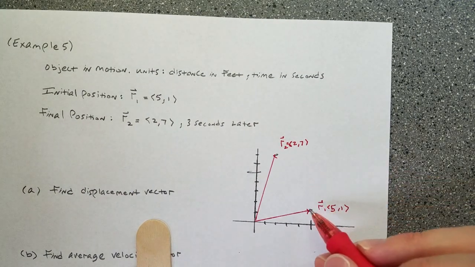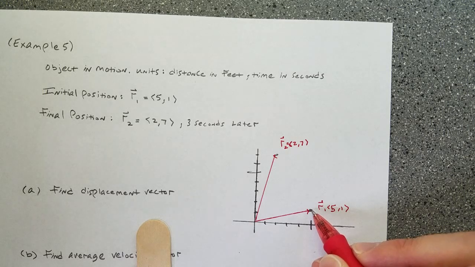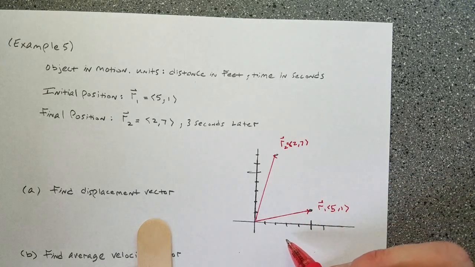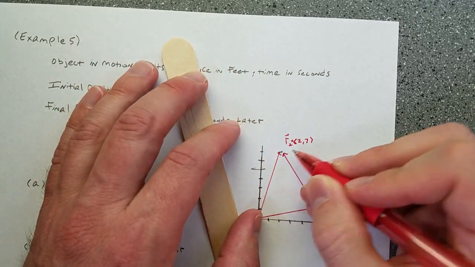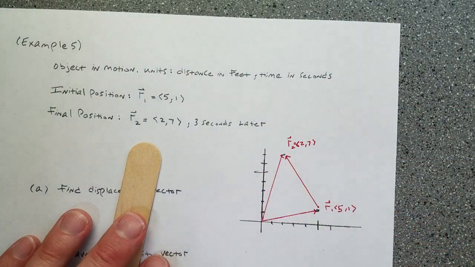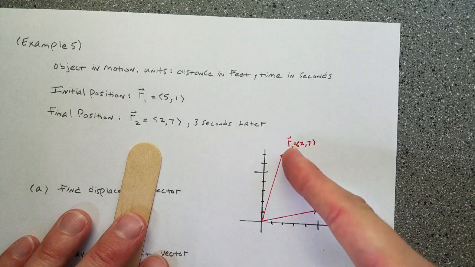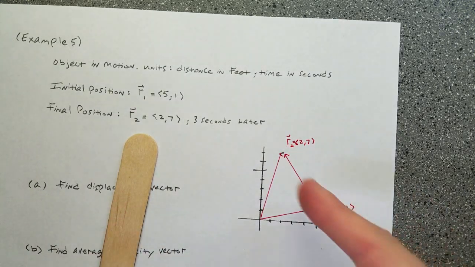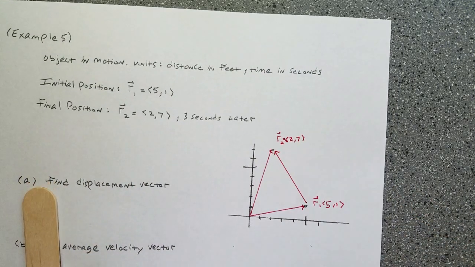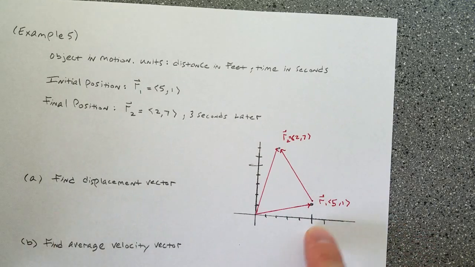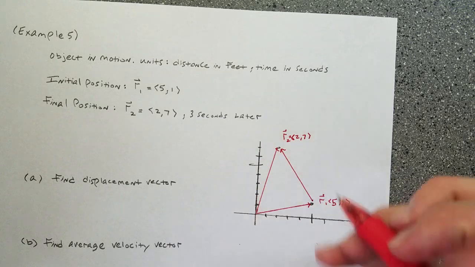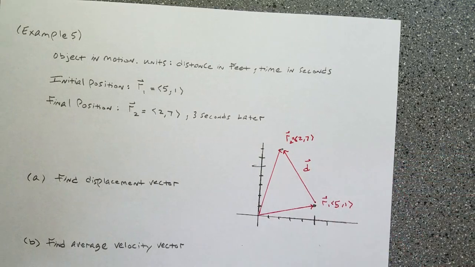The displacement is how you get from your initial position to your final position. Even though we don't know the exact path, that's what the displacement is. So we'll say D for displacement.